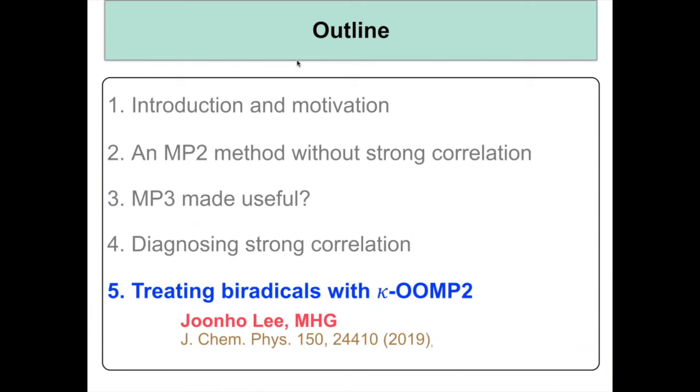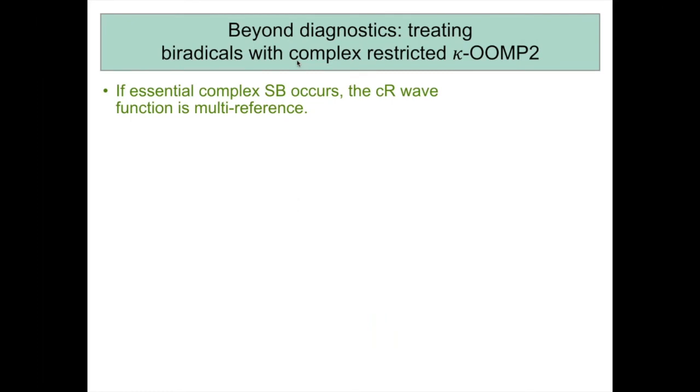All right, and now just a few words about trying to treat strongly correlated systems with kappa OOMP2. Well, the simplest kind of strongly correlated system are biradicaloids, biradicals and biradicaloids, and we can talk a little bit about different kinds of symmetry breaking that describe different kinds of singlet biradicals and biradicaloids.